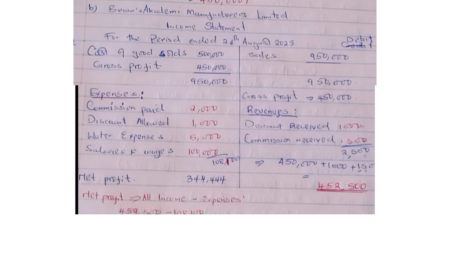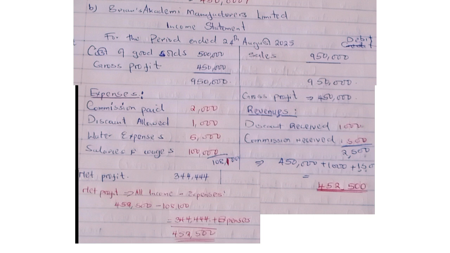Let's go to the credit part. Under credit part, we have already added the expenses and we'll come up with 108,100. So here we want to get the net profit. And for us to get the net profit, we are going to take all income, subtract expenses.